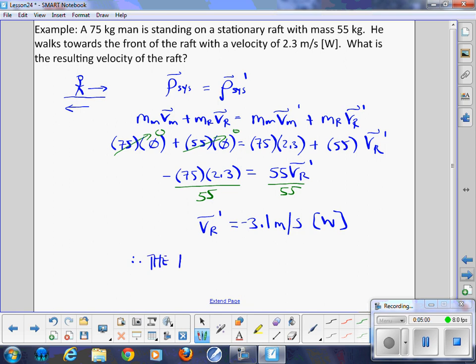Therefore, the raft will move 3.1 meters per second east. It's not the same velocity because the masses were different, but that is the resulting velocity of that raft, and that's what happens when you're moving on floaty devices in the middle of water.